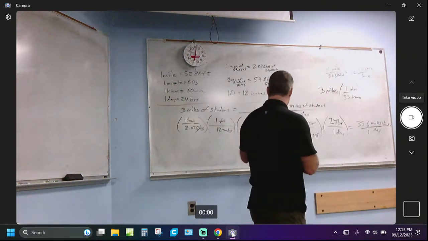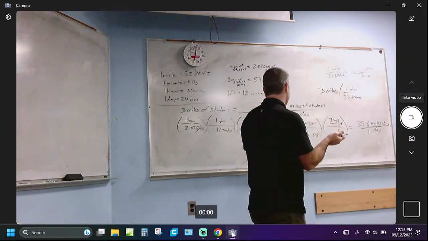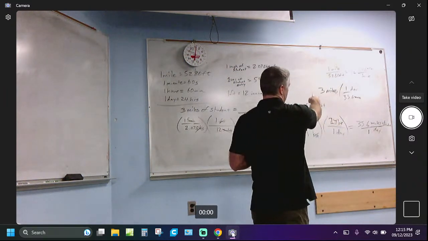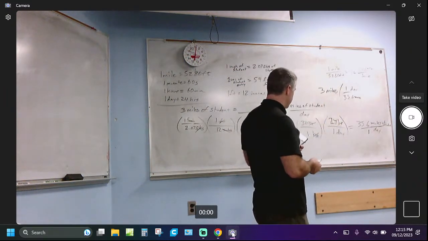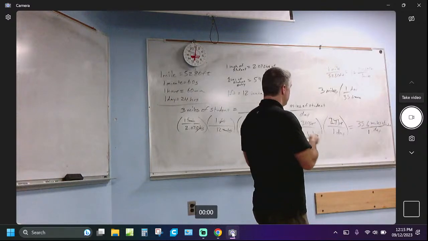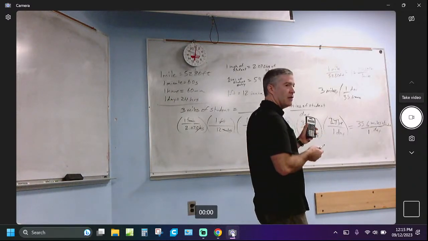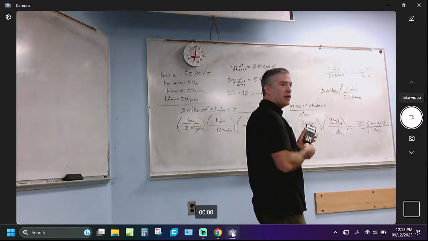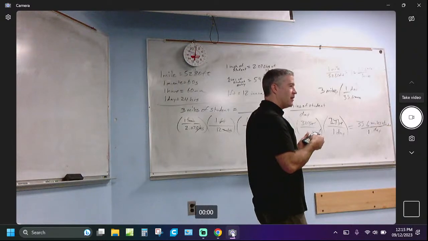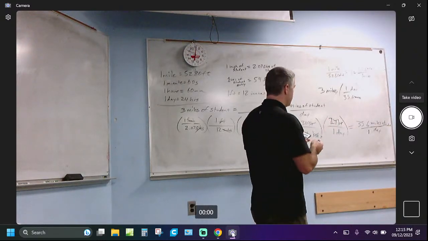Quick shortcut that I use a lot. I've already got 35.6 on my calculator. I want to divide 3 by 35.6. So instead of redoing things, what's a quick way to divide 3 by it? I don't want to type 3 divided by, because I'd have to clear this and then use the answer. I'm going to multiply by the reciprocal.